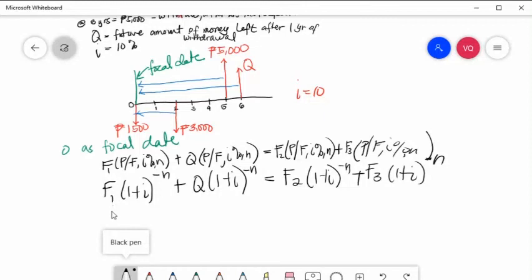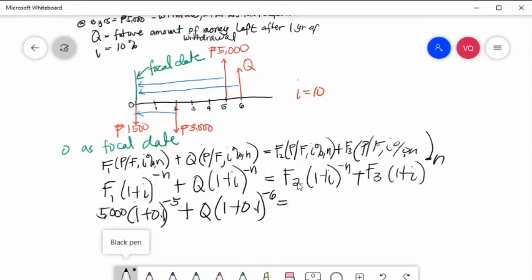So F1 natin is 5,000 times (1 plus 0.1) raised to, what is our N? From 5 to 0, so we have 1, 2, 3, 4, 5 years, plus Q, our unknown, multiplied by (1 plus 0.1) raised to 1, 2, 3, 4, 5, 6, so negative 6.